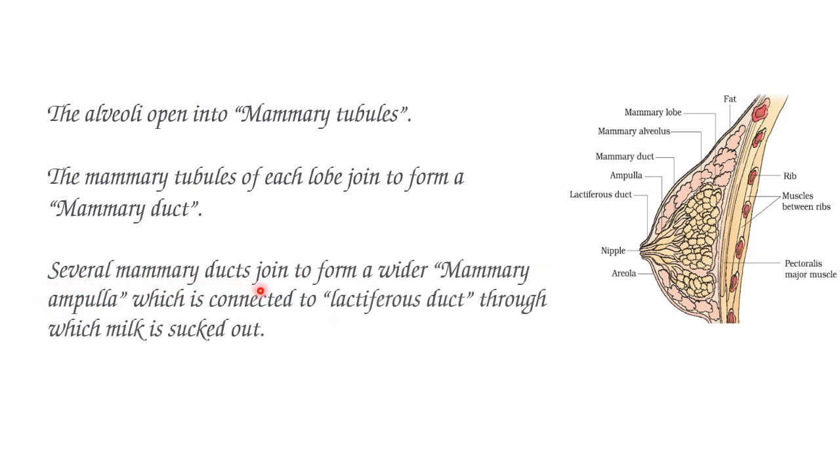Several mammary ducts join to form a wider mammary ampulla. So these wider tube-like structures are called the mammary ampulla. These mammary ampullae are formed by several mammary ducts joining together. This mammary ampulla is connected to the lactiferous duct through which milk is sucked out through the nipple.